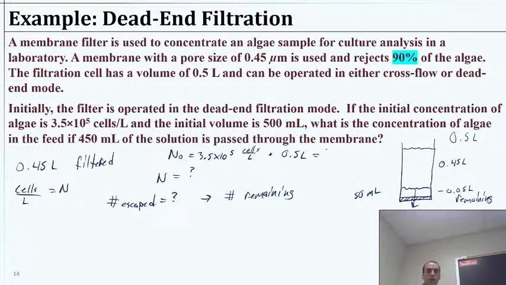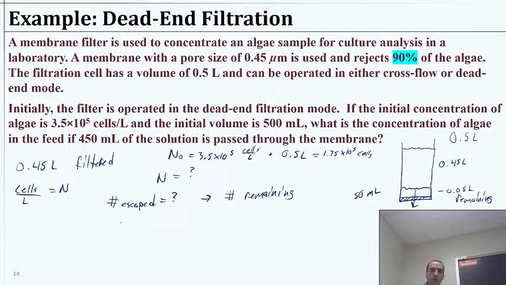That's going to get us, what, 1.75, I think, times 10 to the 5th cells total. Right? That's the total number of cells that we started with. So if we take the total number we started with and subtract how many escaped from that, we'll have the total number remaining, and we divide that by our volume remaining, and that'll give us our answer.